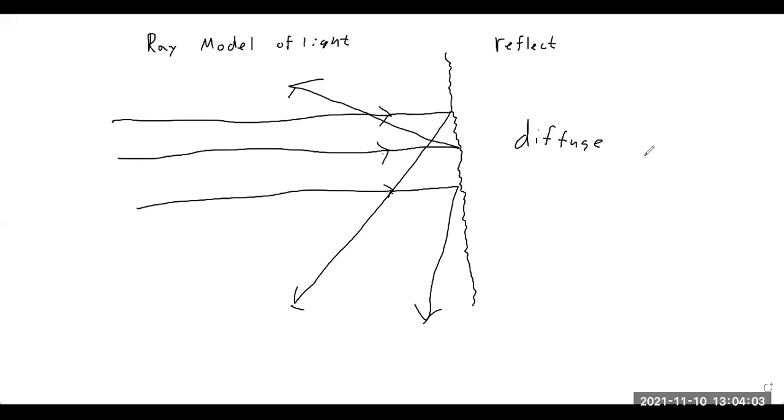So instead of being orderly like it used to be, it has been diffused or spread out. So we're going to be focusing on specular reflections, or just like a regular mirror. That's not the only kind, but there's a real nice mathematical rule for them.